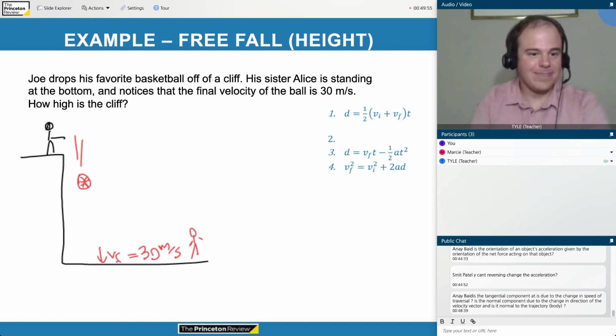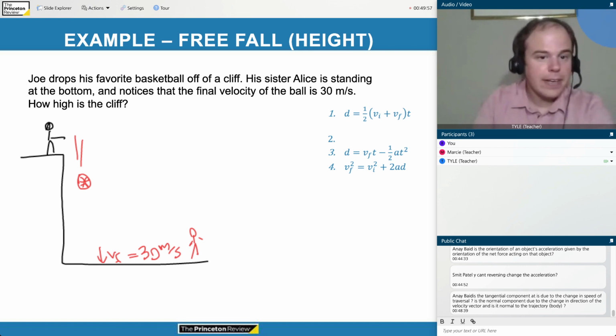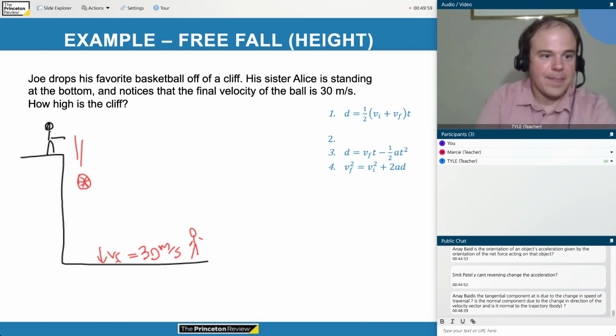All right. So you're probably not finished yet, but let's go over it together. The key here is that we first want to figure out which variables we have and which ones are missing. So the variables in question are the distance, acceleration, initial velocity, final velocity, and time.